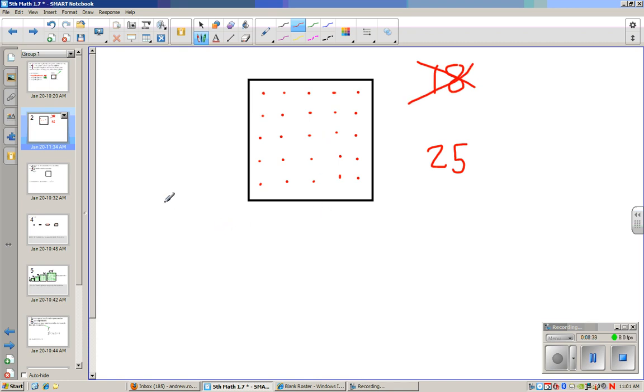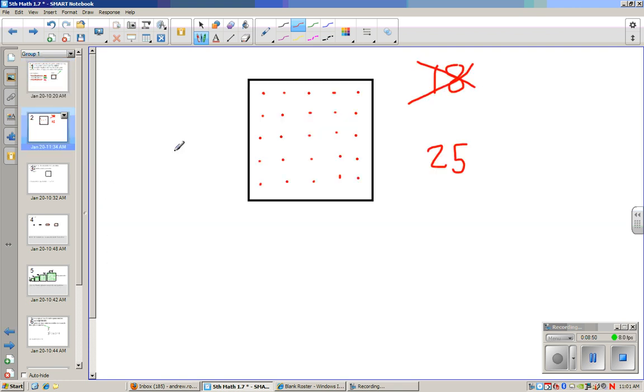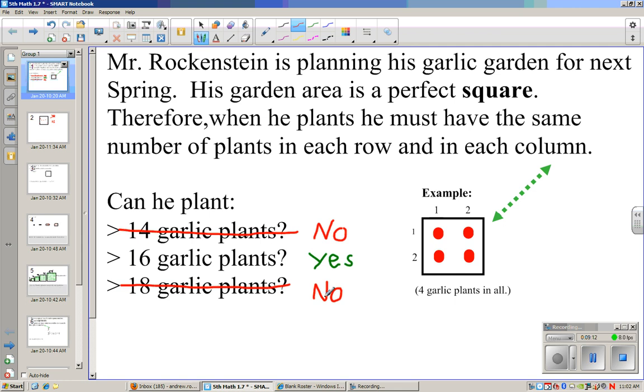Now, I know that I'm not going to be able to get a square out of 18 because I did a 4 by 4, and a 4 by 4 gave me 16, and a 5 by 5 gave me 25. So 18 is in between those. And I can't do anything in between 4 and 5. So I know that I cannot make a square array with 18 plants. So the only one I can plant as a square is 16.